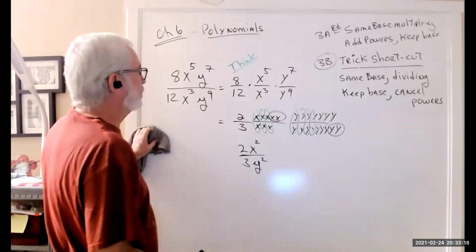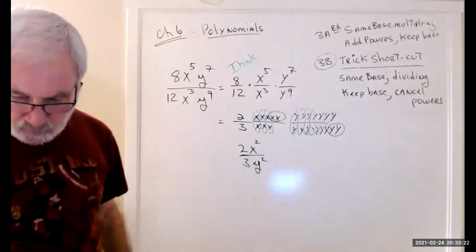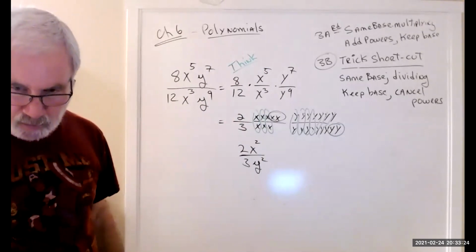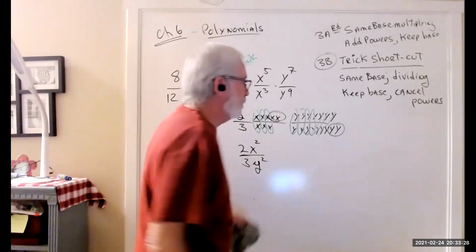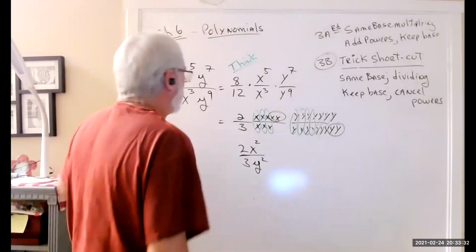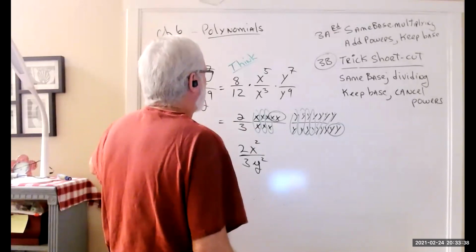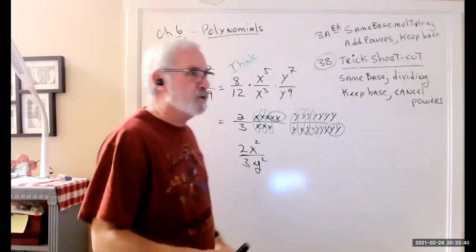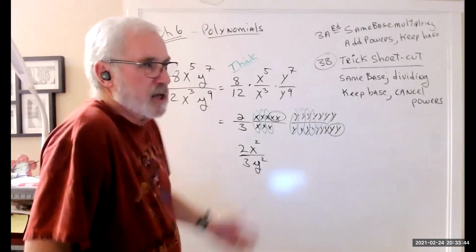What if there were more x's on top and more y's on top, as far as canceling out? That's cool. The answer to that question is then there's none on the bottom.